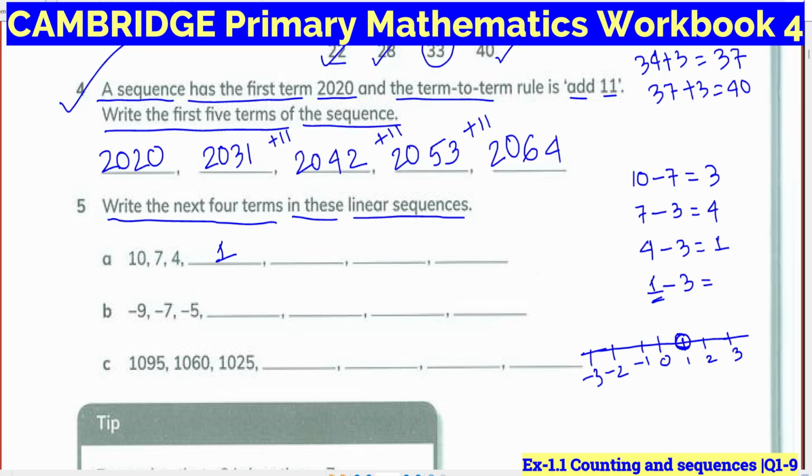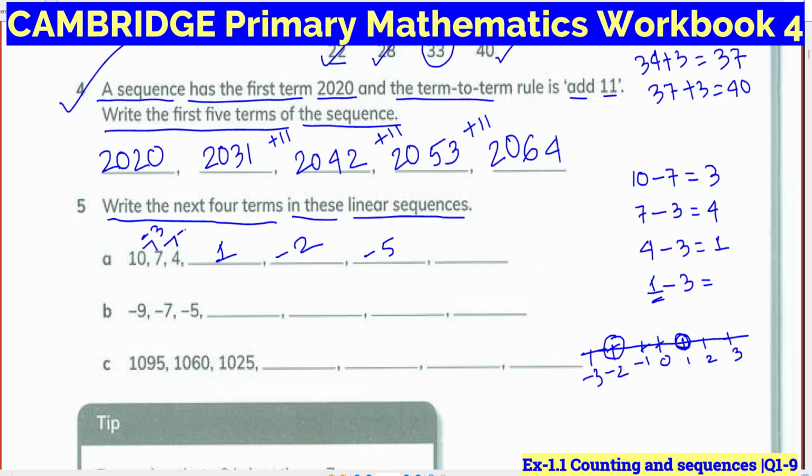This is 1, right? And once we subtract 3, it means we will go to the left side. 1, 2, 3. It should be minus 2. So here is minus 2. Again 3. So next one is minus 5. Because we are subtracting 3.